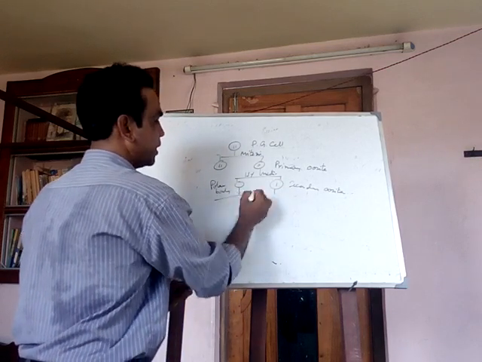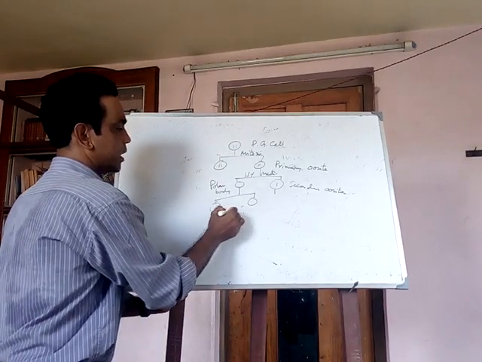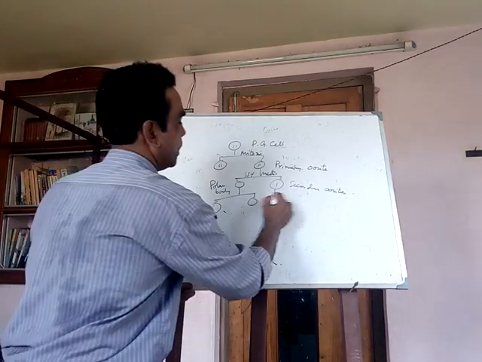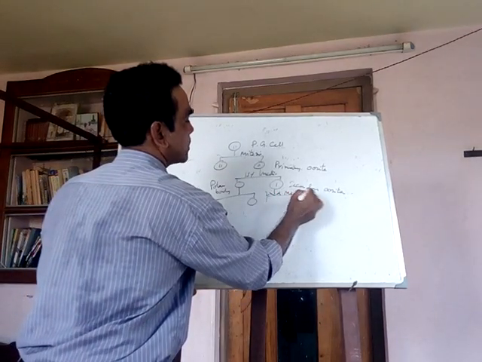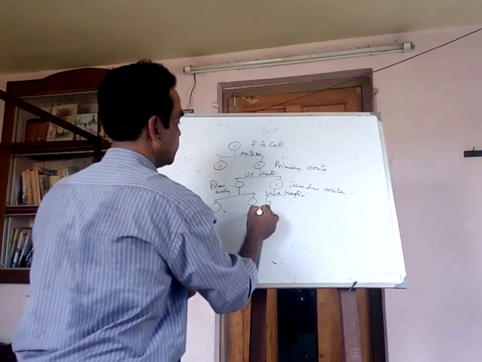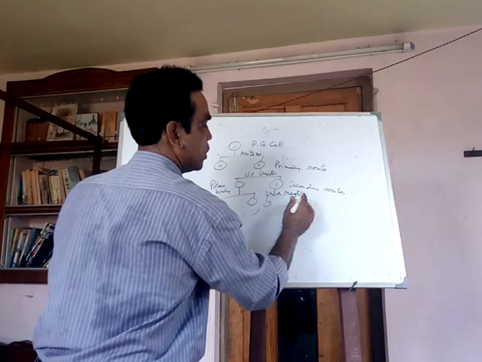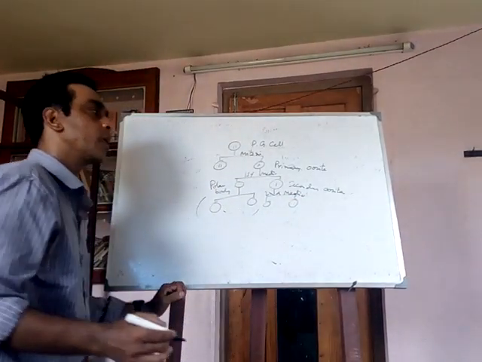The second meiotic cell division produces a second polar body and the haploid egg.